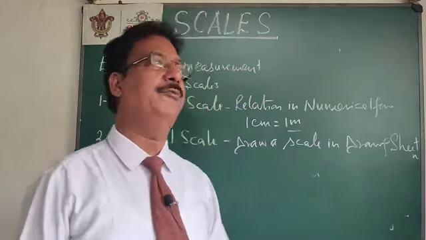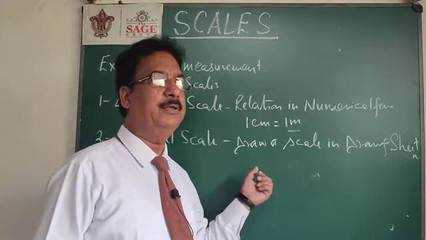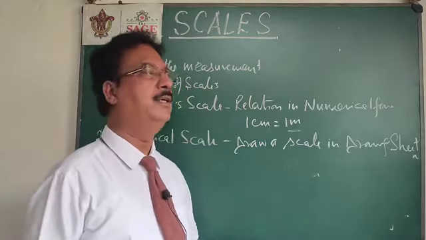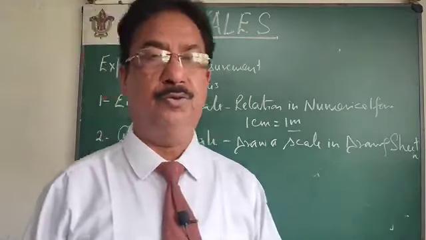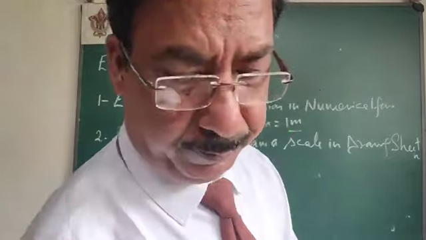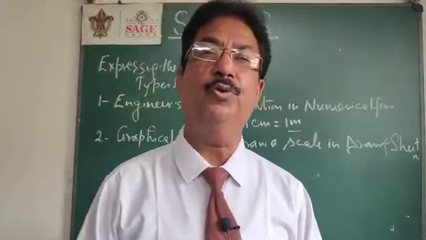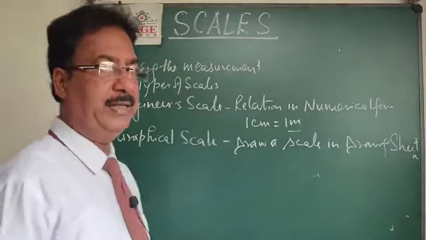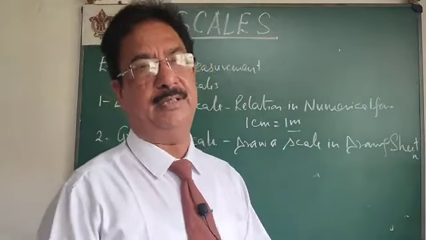And the advantage of drawing that scale in that sheet is that if the drawing shrinks due to some weather conditions, then the scale will be reduced in the same proportion. So the proportion between the scale and the drawing is not going to change. That type of scale, already drawn in the drawing sheet itself, is known as a graphical scale.